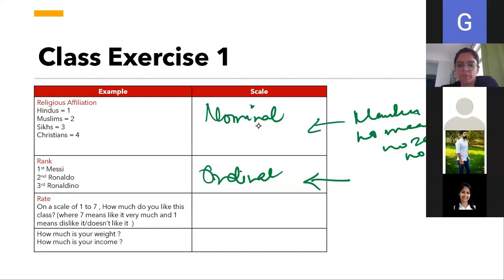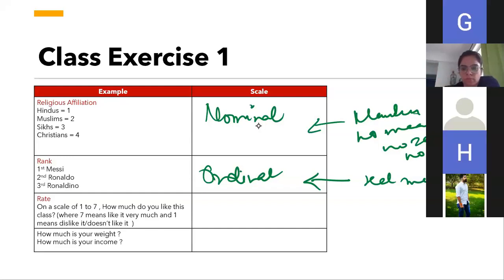Numbers have real meaning, which means what is this first, second, and third telling? Ranking. First is better than second. Yes, first is better than second, and second is better than third. So it's telling you the order. Okay, so numbers are meaningful here. And other than that, anything else?